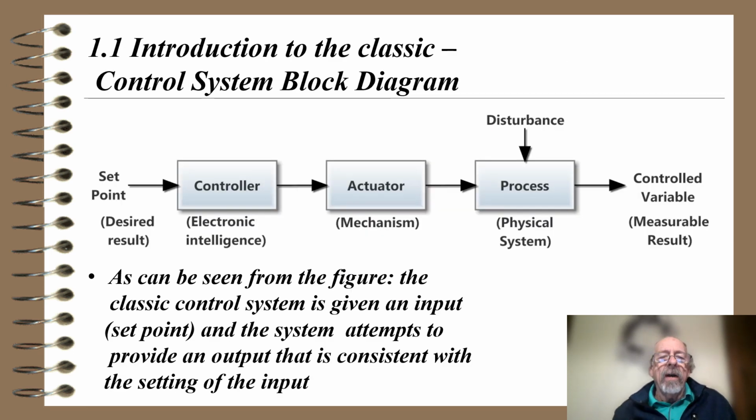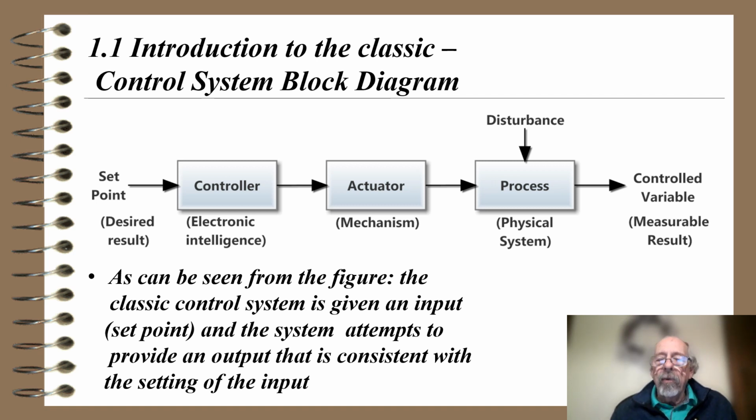So we're going to start by looking at the classic control system block diagram. Here you can see this block diagram. There's a controller, an actuator, and then the process. The input to the controller is what's called the set point.